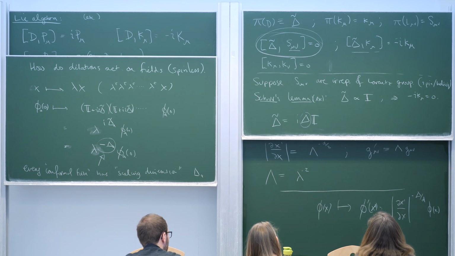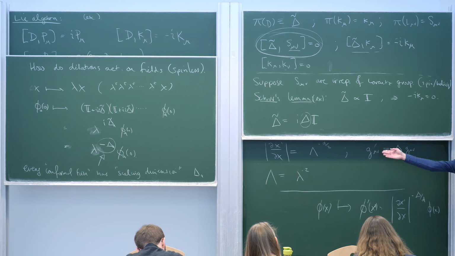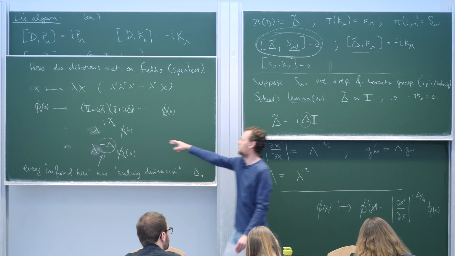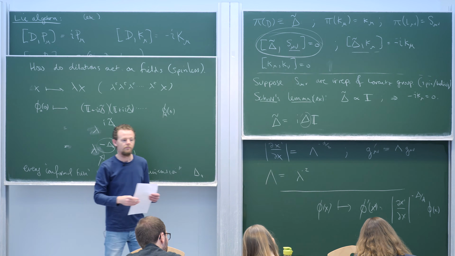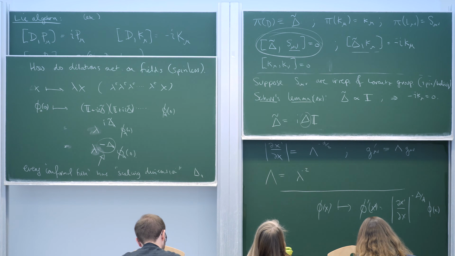So under dilations, that's how fields transform. It's an equivalent way of doing it. I could have just left it at lambda to the minus delta, and we often will, but it is worth having this alternate way of expressing it with a Jacobian instead.